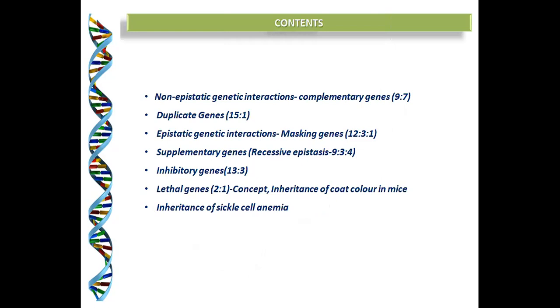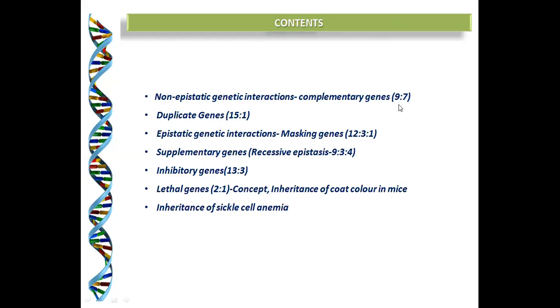In this chapter, we are going to study the positive as well as negative interactions. In that, the dihybrid cross explained by Mendel, the 9:3:3:1 ratio, is modified because of this interaction of genes, and it is modified in these ways.